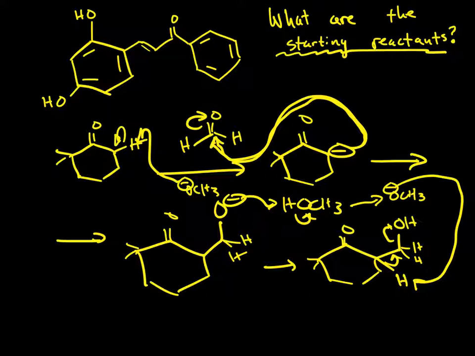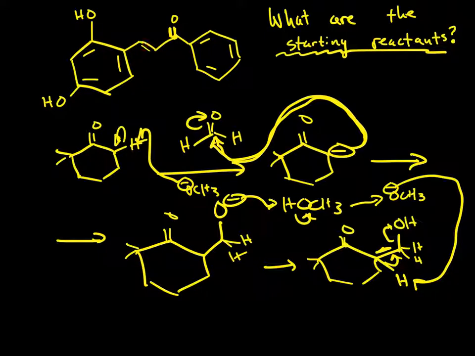So if we are to work backwards, we know that a pi bond formation occurred between a carbon with the C double bond O. We hit a carbon, and then we had our pi bond formation would have formed in here, and then we hit another carbon. So up here, I see my carbon with a C double bond O, C double bond O. It's going to hit a carbon, and there it is.